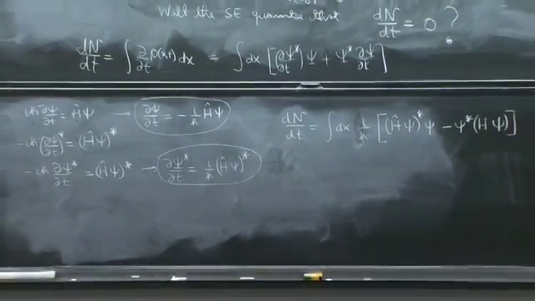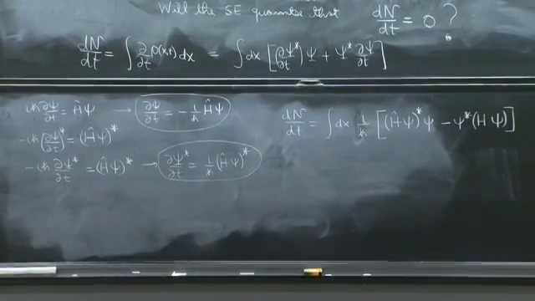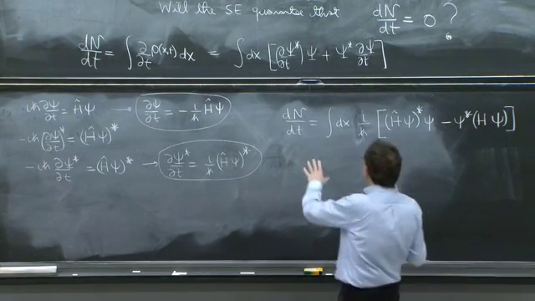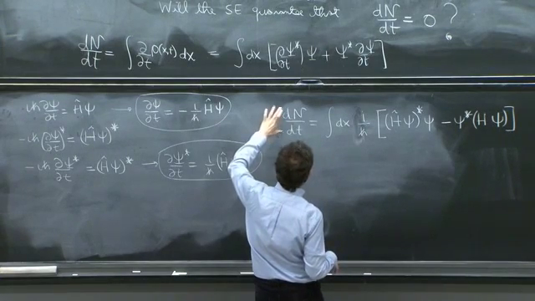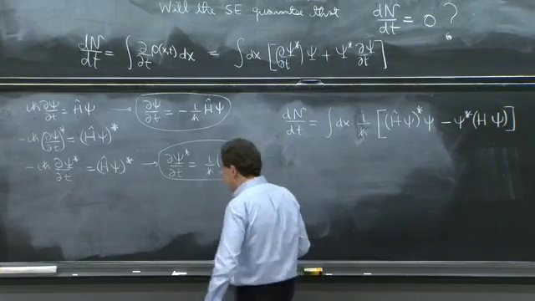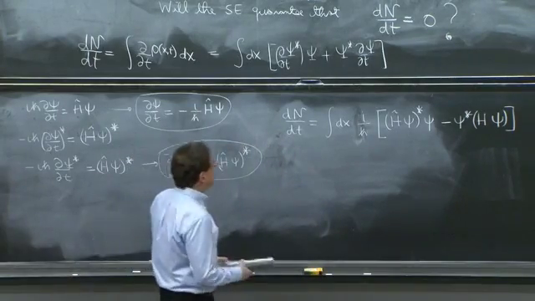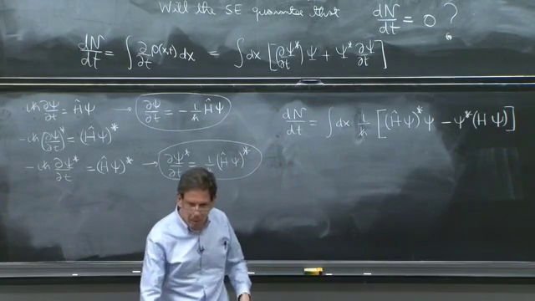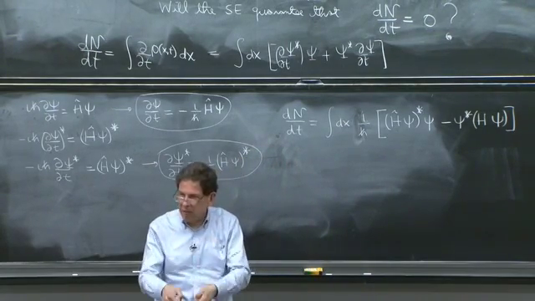Okay, so the virtue of what we've done so far is that it doesn't look so bad yet, and looks relatively clean, and it's very suggestive, actually. So what's happening? We want to show that dn/dt is equal to 0. Now, are we going to be able to show that simply, do a lot of algebra and say, oh, it's 0?